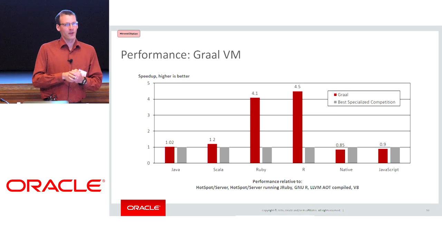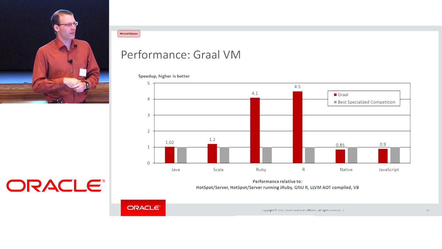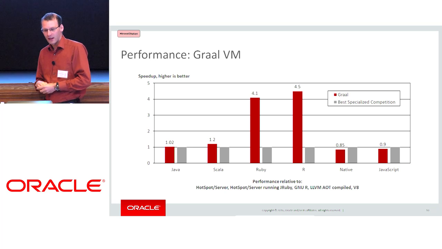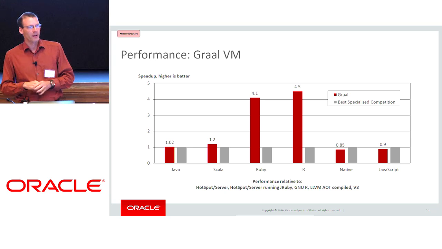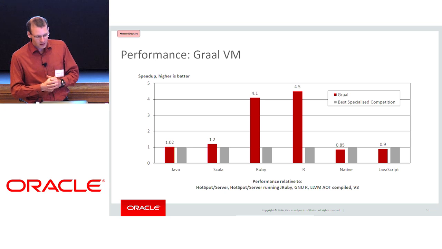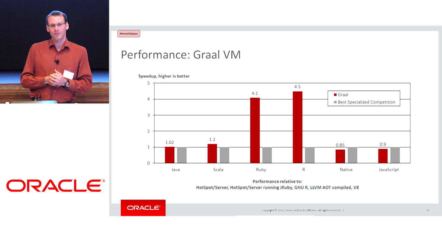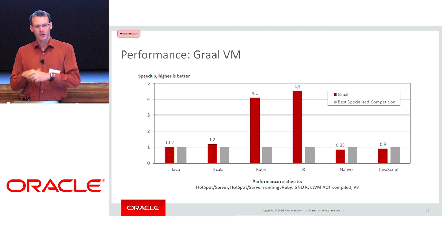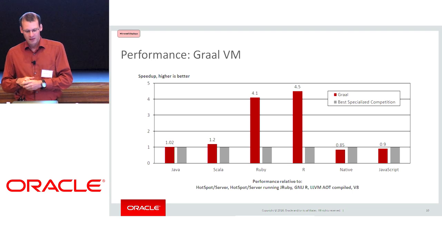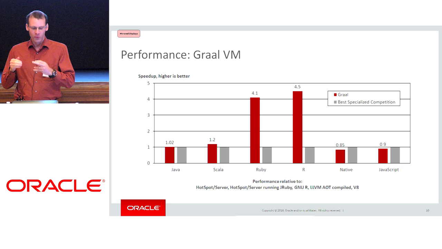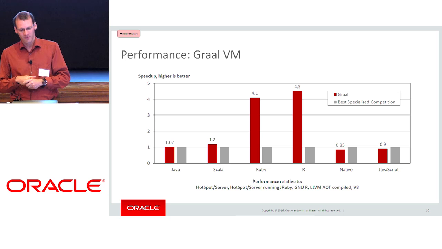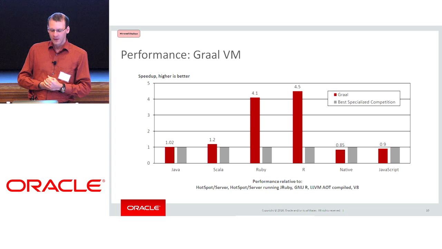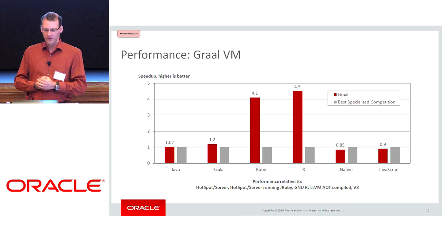For more modern forms of Java bytecodes, like those emitted by Scala, Graal already beats the server compiler by about 20%. For languages like Ruby and R that don't have a fully optimizing JIT infrastructure in the basic language, or for Ruby where you have JRuby, with this layered approach on the Hotspot VM, our Truffle approach really gives you big speedups in the order of 4 to 5x.